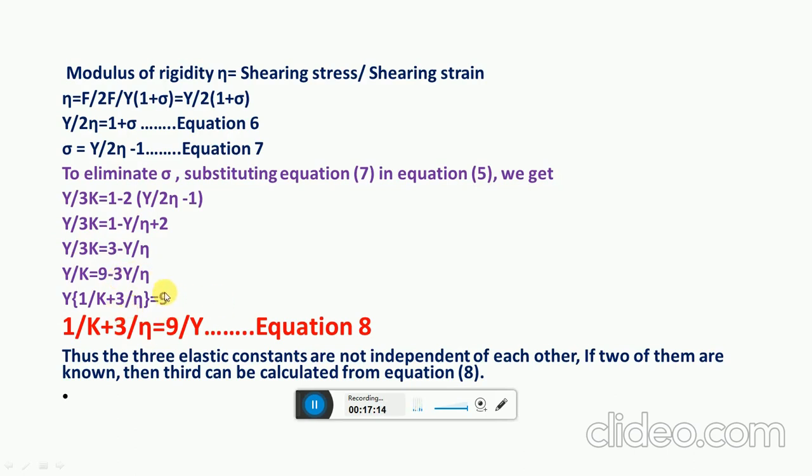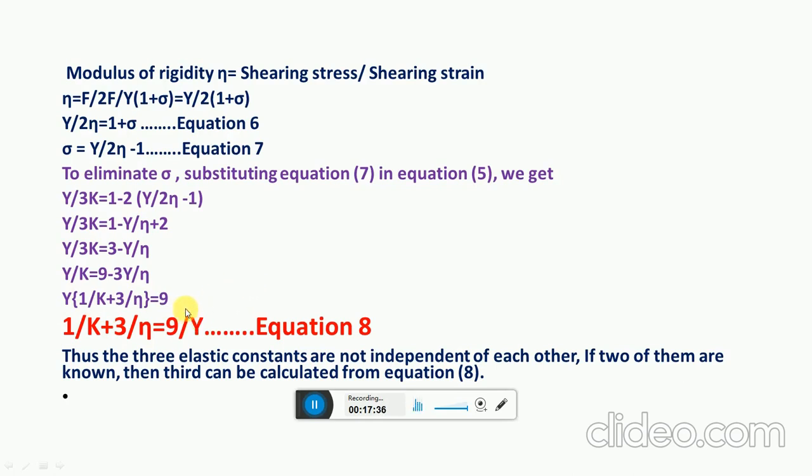Again rearranging the terms, taking the minus term to the left side, we have Y upon K plus 3Y upon eta. Taking Y common, Y into bracket (1 upon K plus 3 upon eta) is equal to 9.